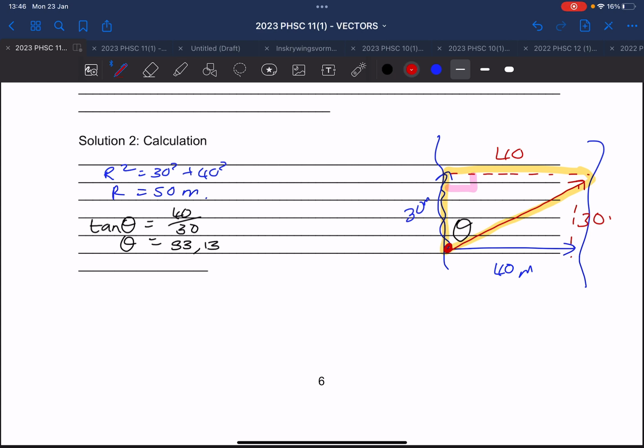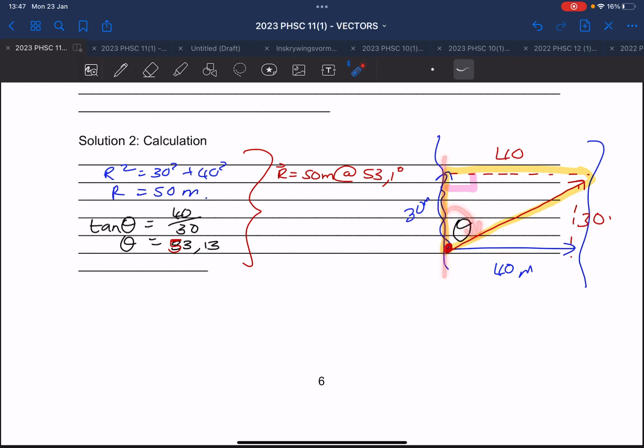So I'm just going to write here, R is thus 50 meters at, and I'm going to take it here, so we can either do it from the 0 degree line, so then it will be 53.1 degrees.